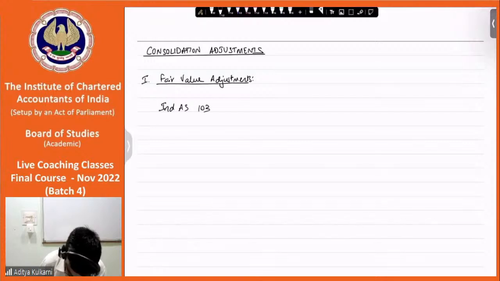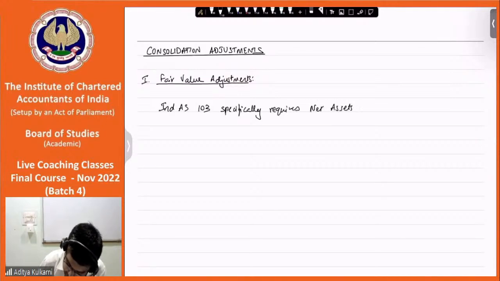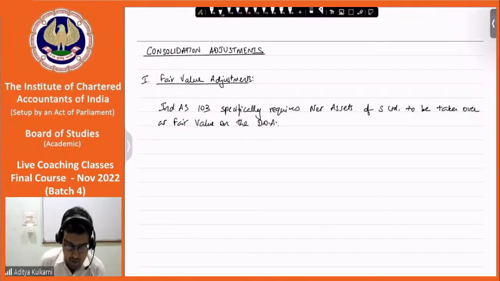Ind AS 103 specifically requires net assets of S Limited to be taken over at fair values on the date of acquisition. On the date of acquisition.